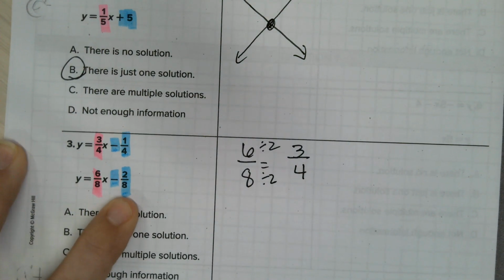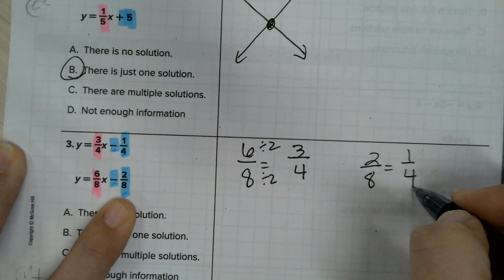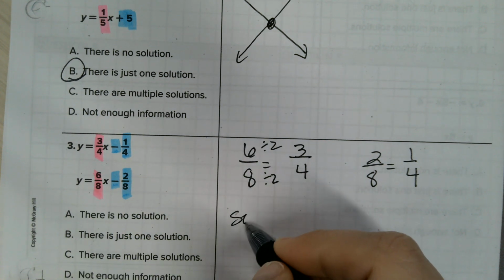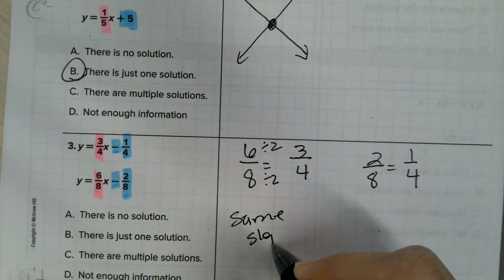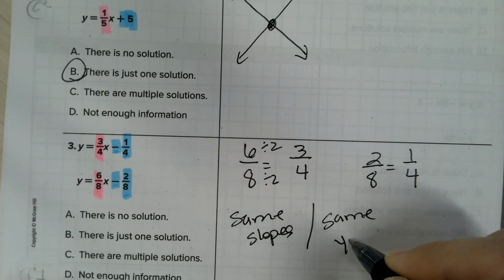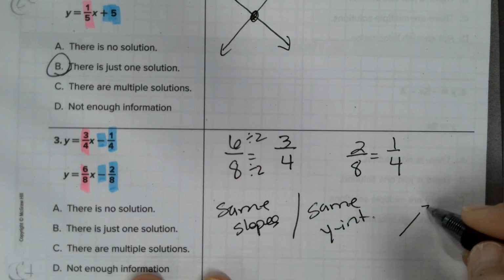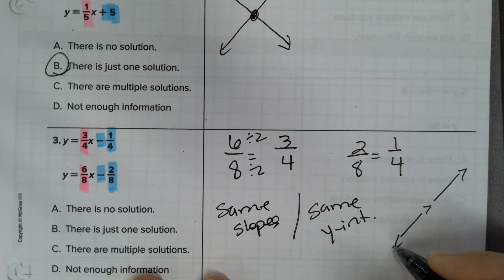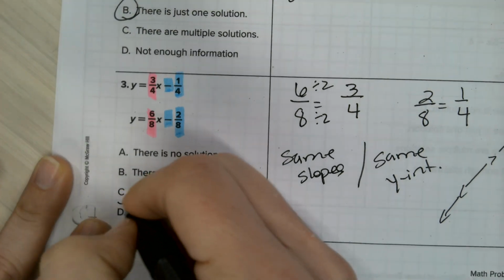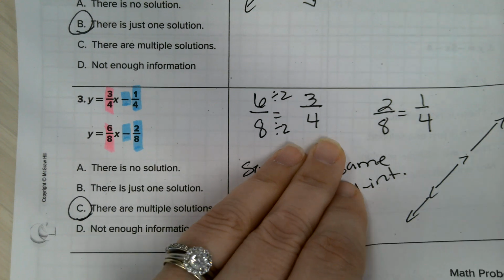But again, be careful here because 2/8 could simplify to be 1/4. So they both have the same slopes, same y-intercepts, and these end up being the exact same lines. So they would look something like this when we graph them, which means that they will share every point, and in this case, multiple points. Multiple solutions.